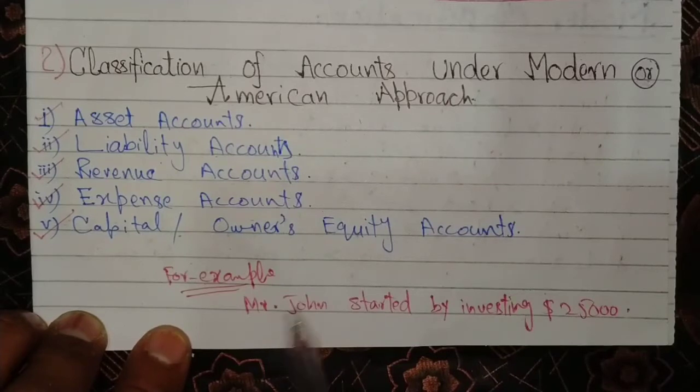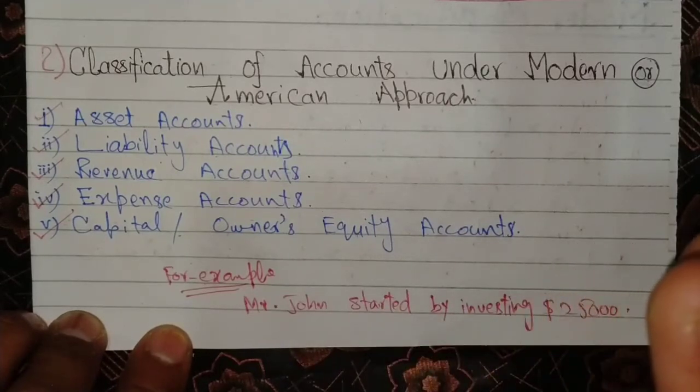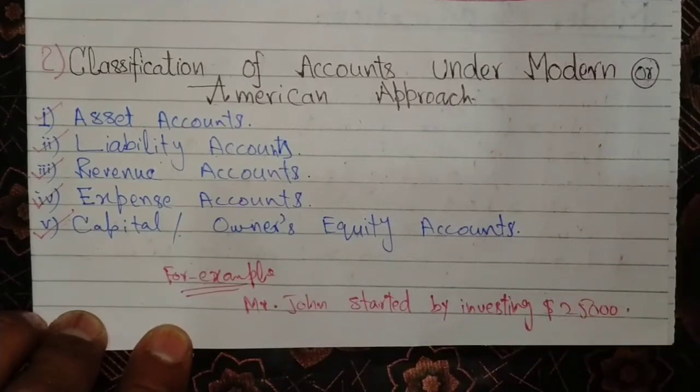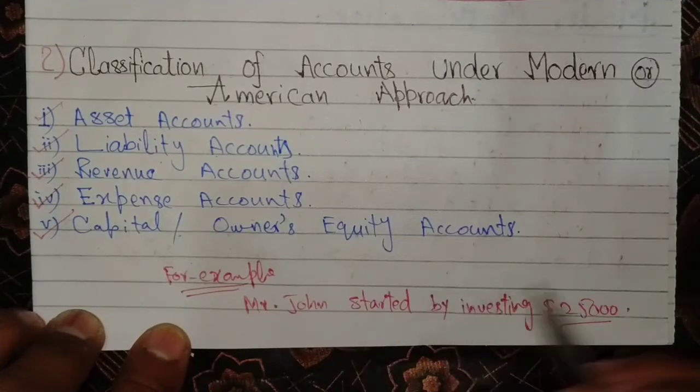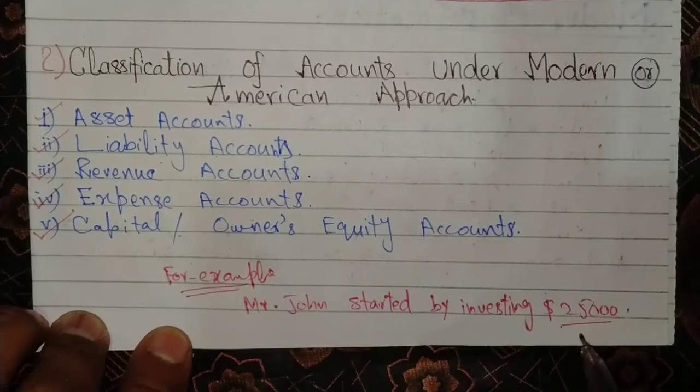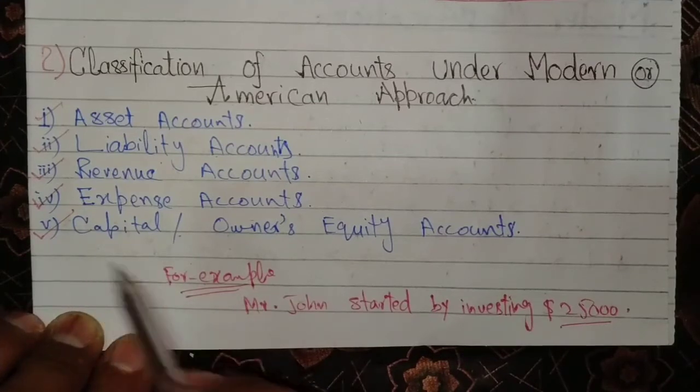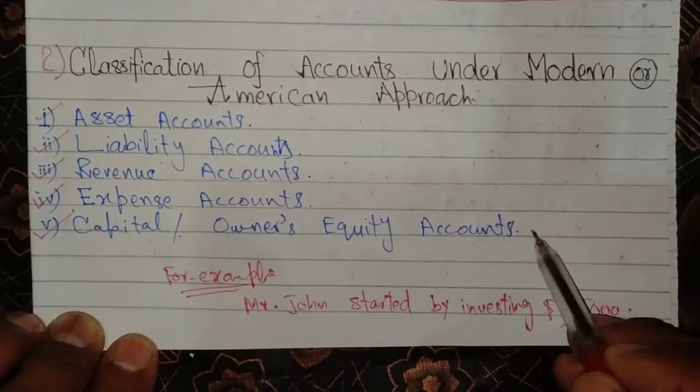This transaction has two impacts in reference to classification of accounts in the American or modern approach. $25,000 will be considered as an asset for cash, and the same $25,000 will be considered as a liability in the head of capital or owner's equity accounts.